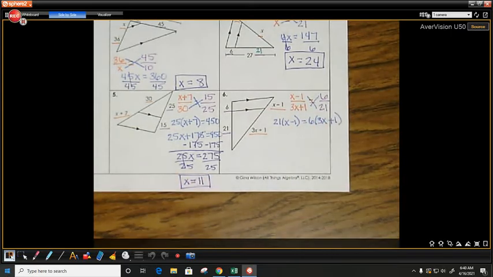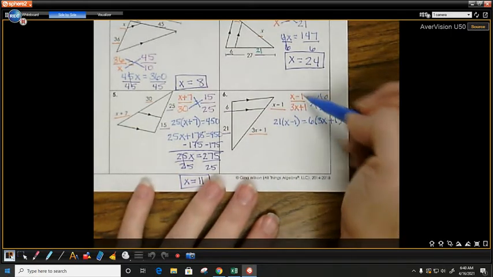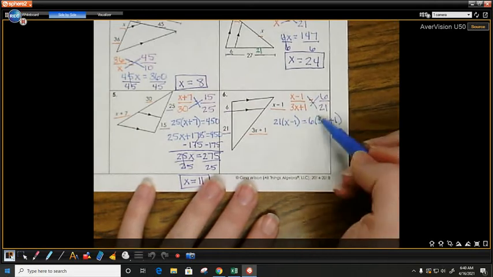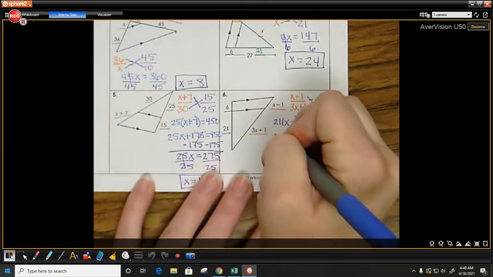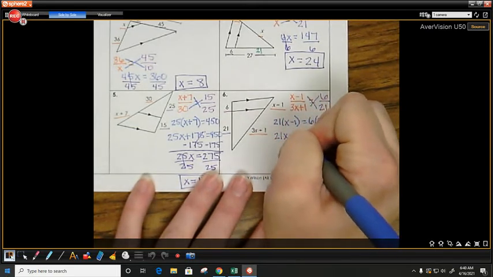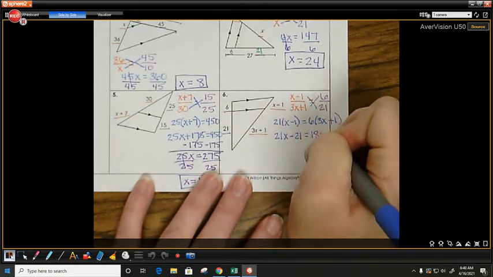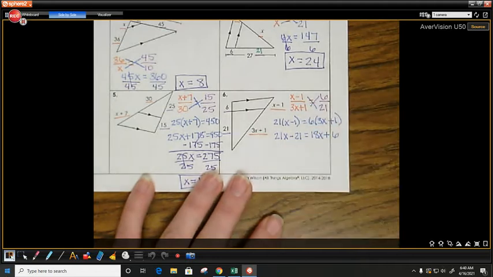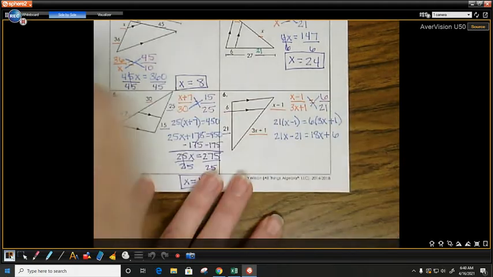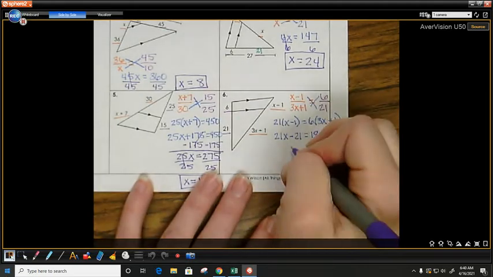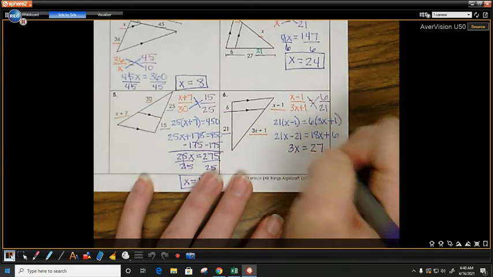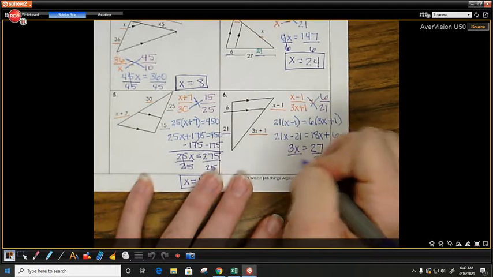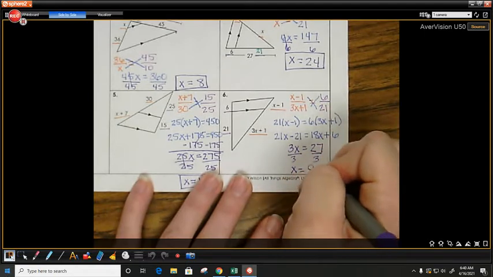Again, make sure when you have multiple terms in the numerator or denominator, when you're cross multiplying, those terms need to go in parentheses. Okay, so let's distribute, and we get 21x minus 21 equals 18x plus 6. I'm going to move my x's to the left, so that's going to be 3x. I'm going to move my minus 21 over here, so I get 27, and then divide both by 3, and we get x is 9.